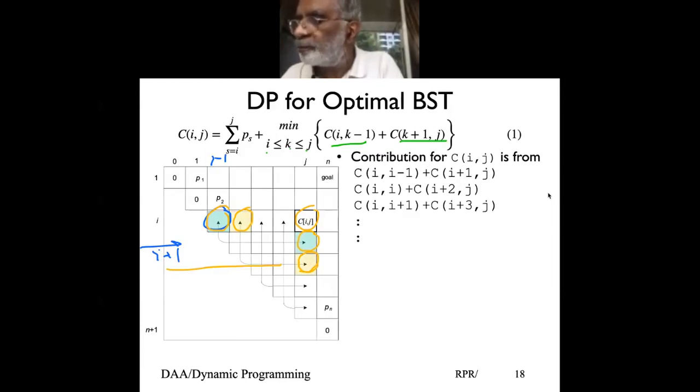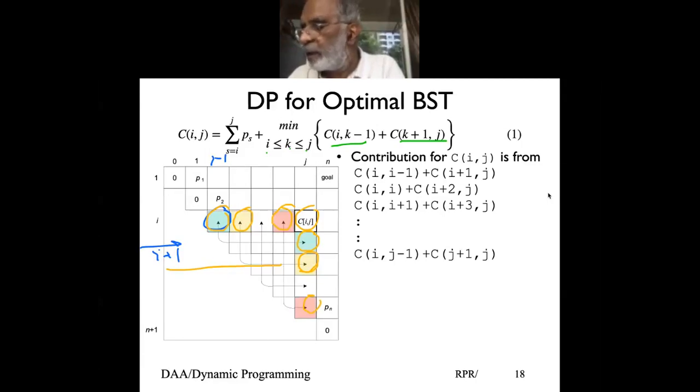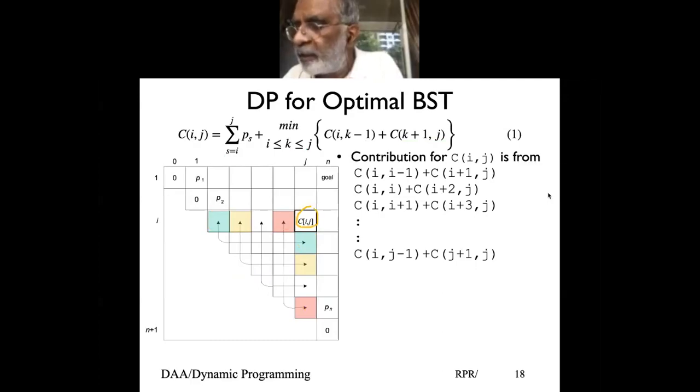You continue, and finally get Ci,j-1, which is this, and Cj+1,j, which is basically this. So look at any term we are looking at, this term Cij depends upon the sum of this and this, the sum of this and this, the sum of this and this, and the sum of this and this, the min of all these terms.